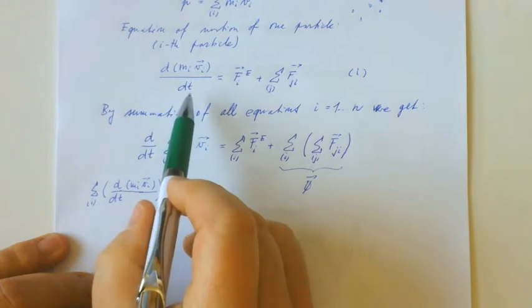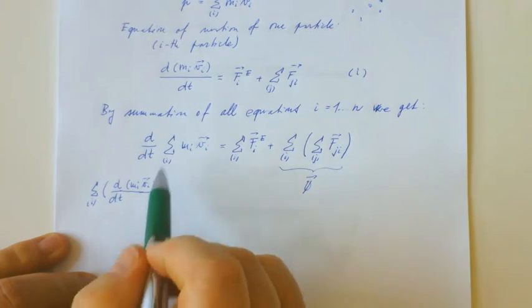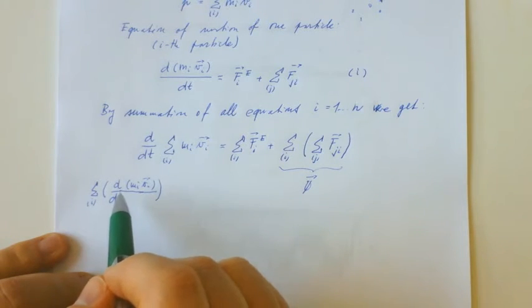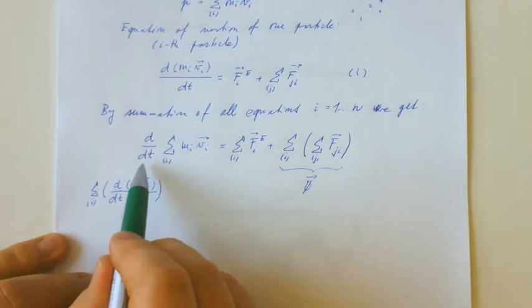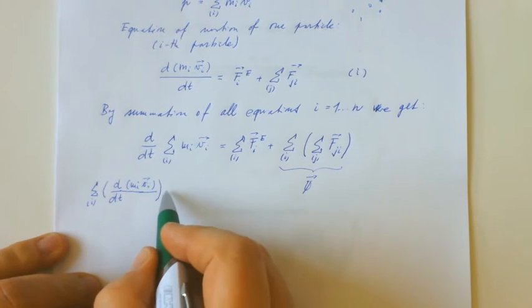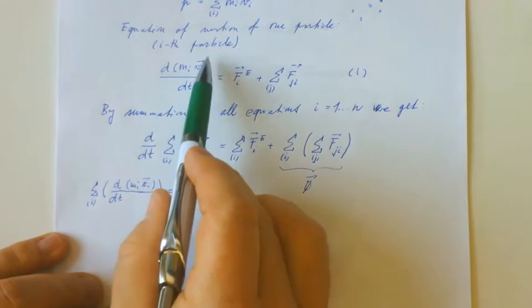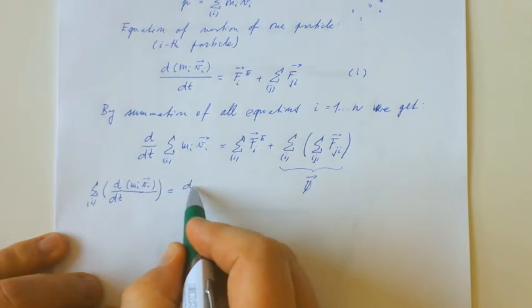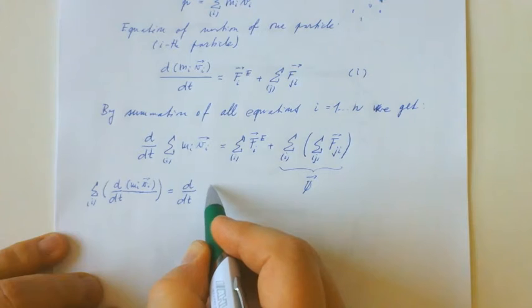If we make a sum, first we make a sum of derivatives, and look, here it is opposite, so we assume that the sum of derivatives is equal to the derivative of sums.